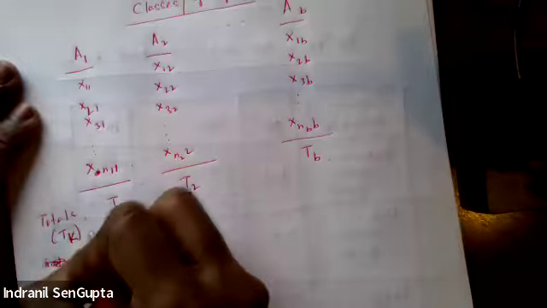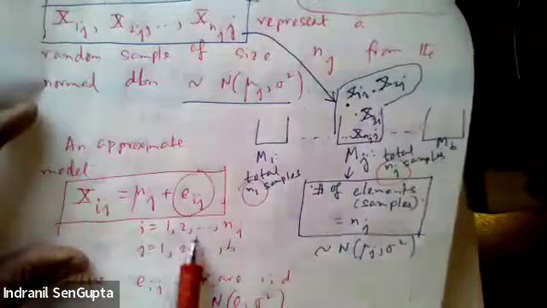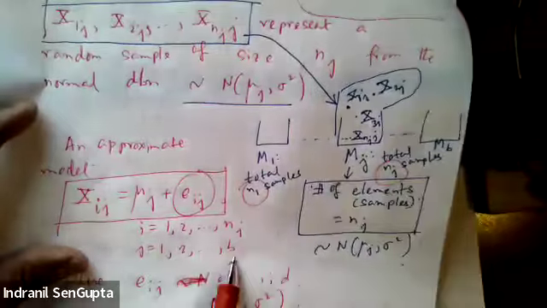So this i, if you recall the very first thing that we wrote in the last class, we have i from 1 to nj and j from 1 to b. So it's basically j. So let's call this t sub j.